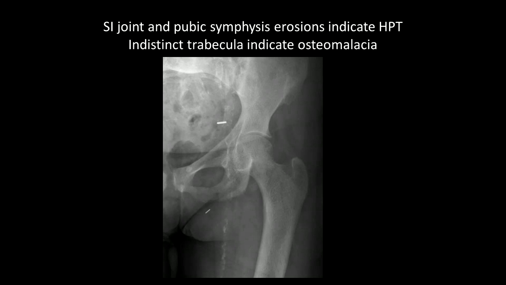So when I said earlier that in renal osteodystrophy in adults, the findings of hyperparathyroidism trump the findings of osteomalacia, that's what I was speaking about. It's typically going to be easier to make the diagnosis based on these characteristic erosions rather than based on the indistinct trabeculae.